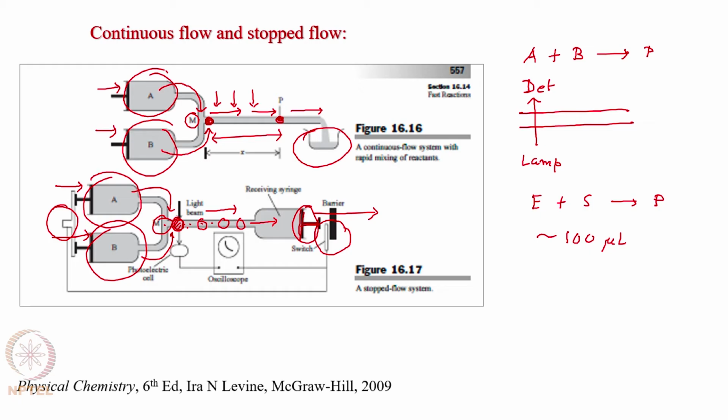In the earlier case it was continuously flowing, and different locations basically map into different time intervals. But in this case I have mixed and immediately I have stopped. So stopping means now I have a mixed solution along the tube.